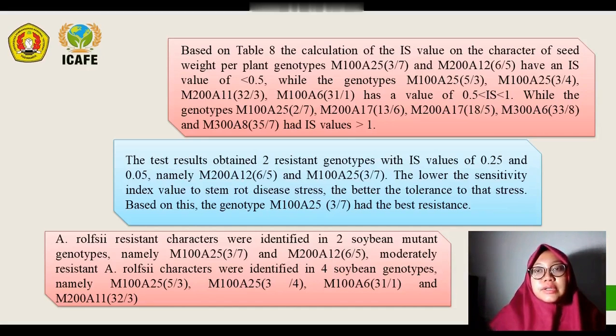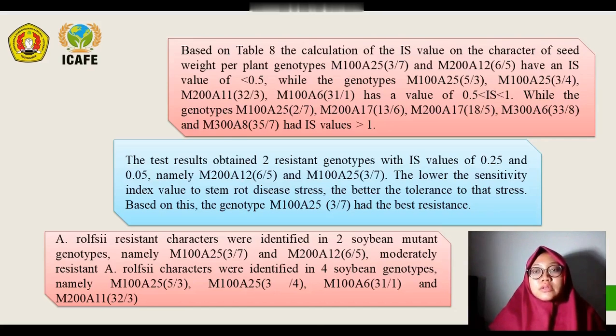The tested genotypes had an average sensitivity index of 0.99 against stem root disease stress. The range of genotype sensitivity index is 0.05 until 0.11, meaning the sensitivity index is smaller than 0.5, so the genotype is resistant to stress from stem root disease.